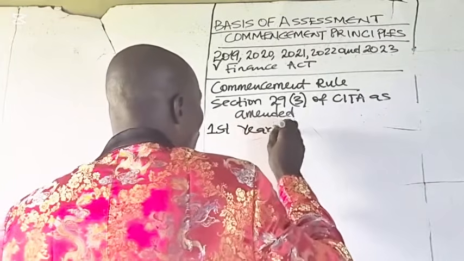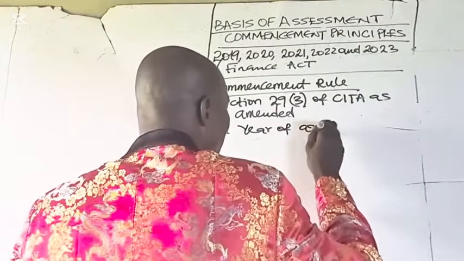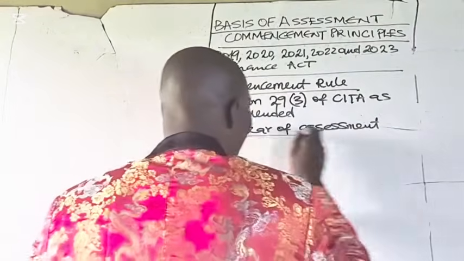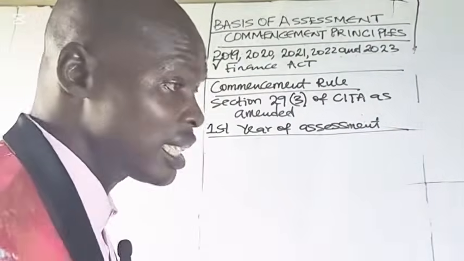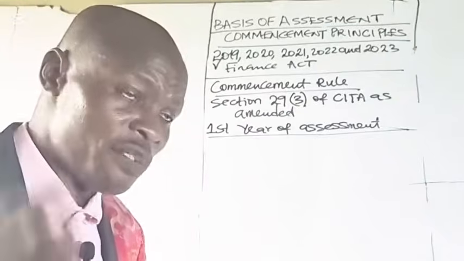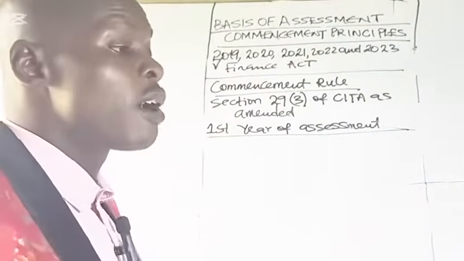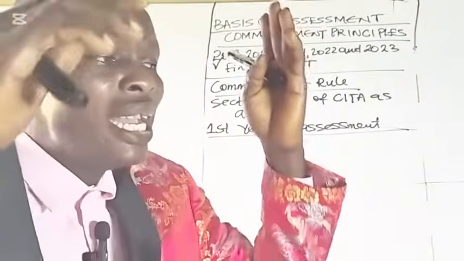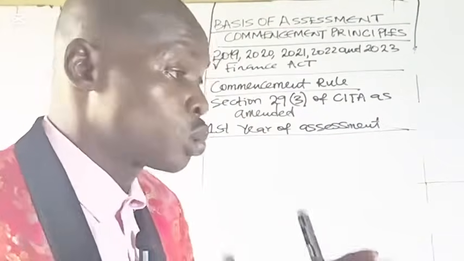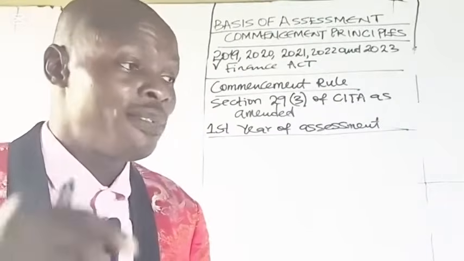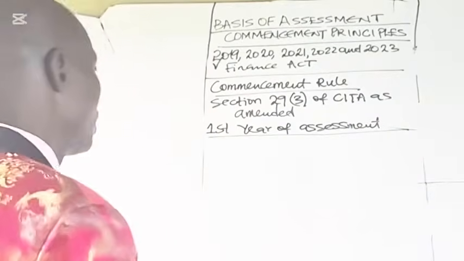For the first year of assessment, the assessable profits shall be the profit from the date on which it commenced to carry on such trade or business in Nigeria to the end of its first accounting period.